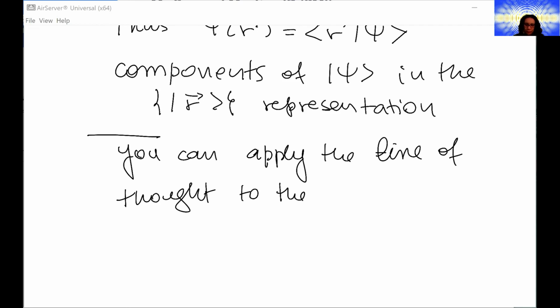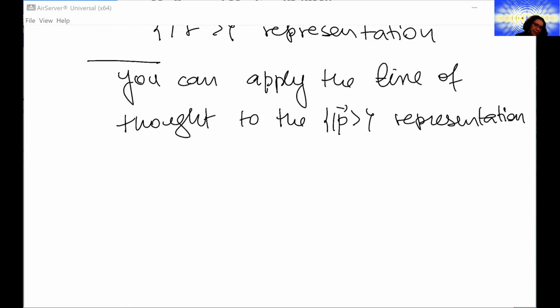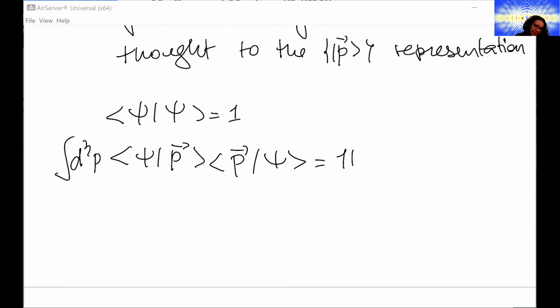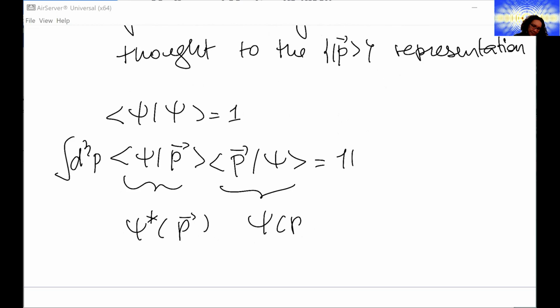to the p representation, meaning you can consider psi equal to 1. You can write this as the integral d3p |p><p| psi, and you can identify these with psi star p and these with psi p.